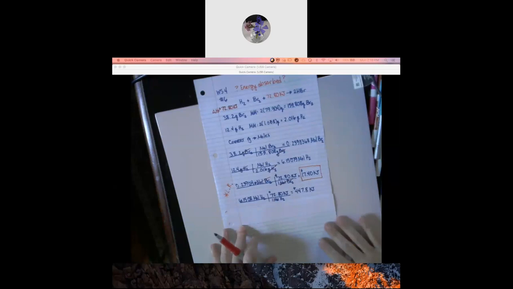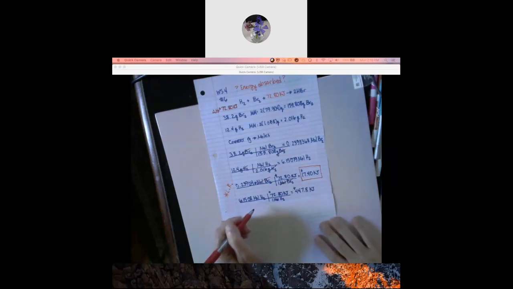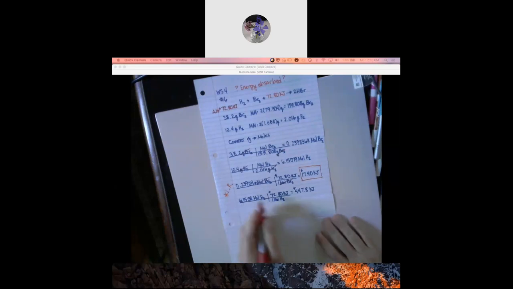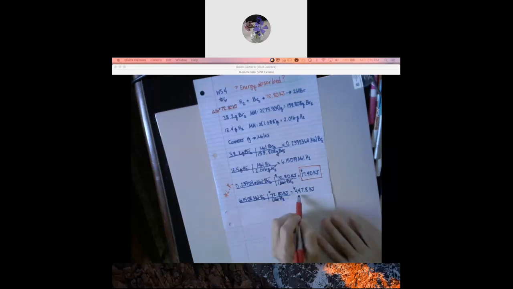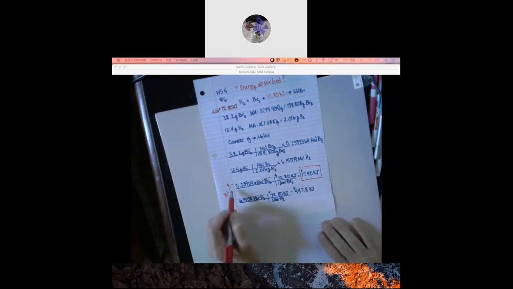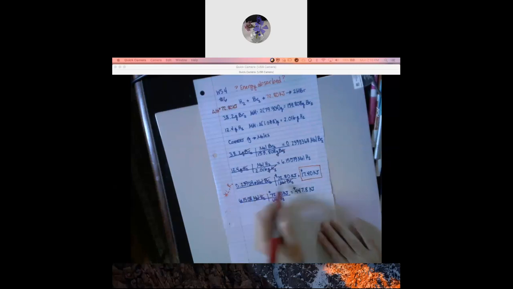I have to do this for both of the reactants because until I do this for both of the reactants, I don't know which one produces the least amount. But obviously, when I cancel out moles for hydrogen and I plug that into my calculator, 447.8 kilojoules is way more than 17.4 kilojoules. When you're trying to determine how much will actually be made, it's going to be limited by the limiting reactant, which is the reactant whose moles allow you to make the least amount of product.